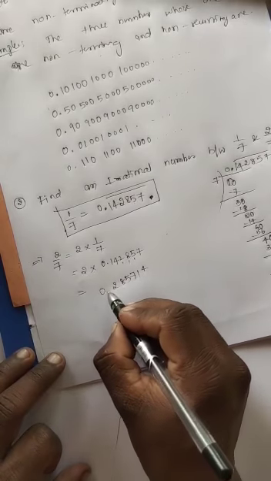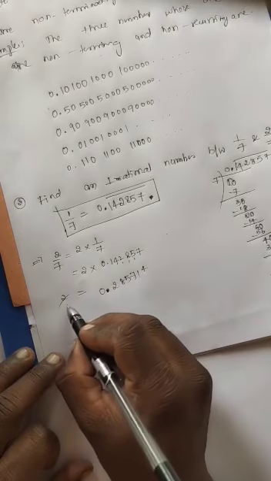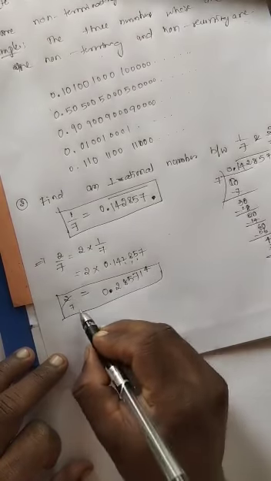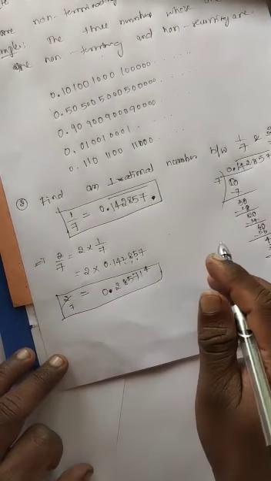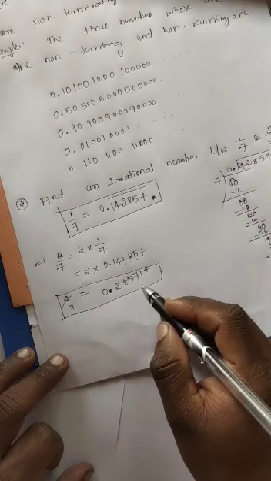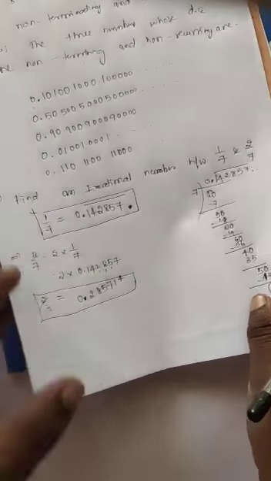After multiplication, the value of 2 by 7 is 0.285714.